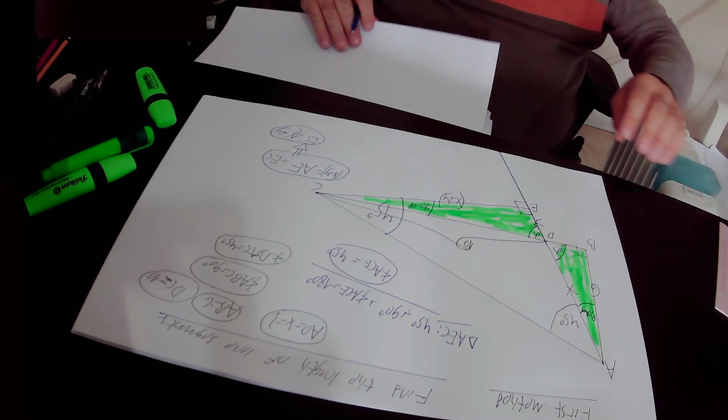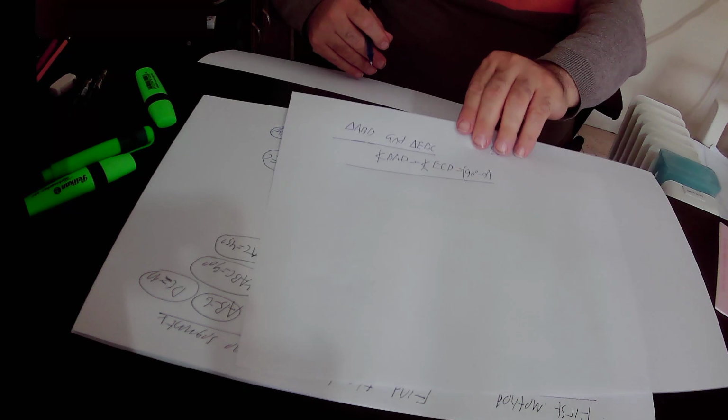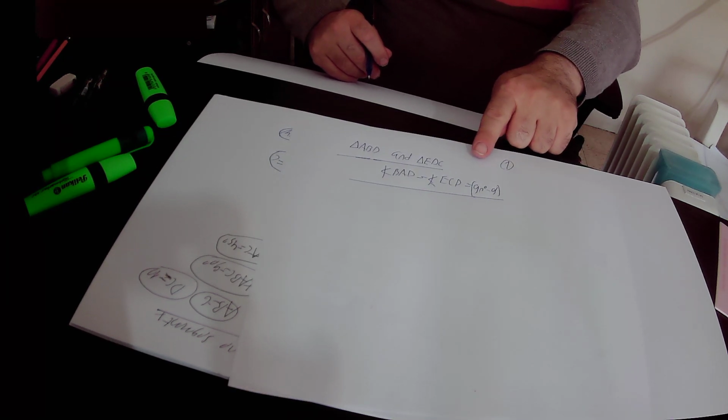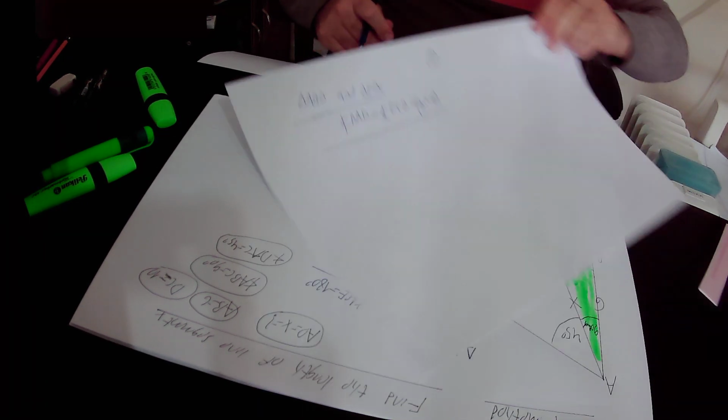I'll repeat again: angle BAD equals angle ECD, and they are both equal to 90 degrees minus alpha.